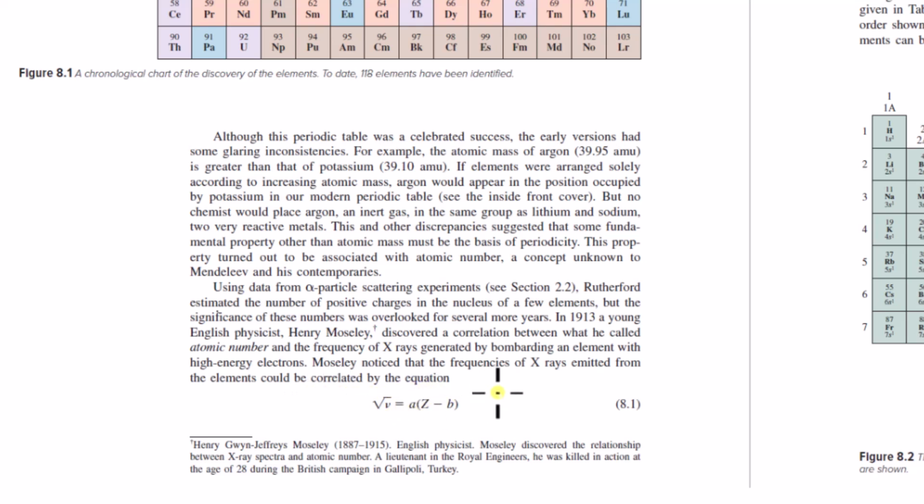So he's bombarding different elements with high-energy electrons, and then they emit these X-rays, and he's recording the frequency of the X-rays. So he has this equation here. It has the frequency of the X-rays, these constants A and B, which were the same for any element, and then what he called the atomic number Z.